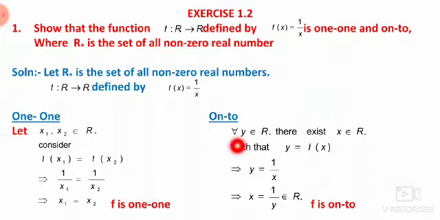If y is 1, which belongs to R star, then 1 by 1 is 1. x is also equal to 1, which is there in the domain R star. If I take y equal to 2, which belongs to R star, then the value of x will be equal to 1 by 2. That is also there in the domain R star. For all the values of y, there is its pre-image in the domain. Such functions are called onto functions. Therefore, the given function is both 1-1 and onto.